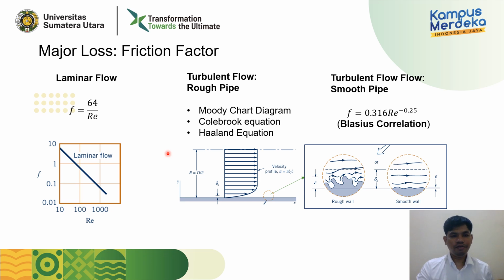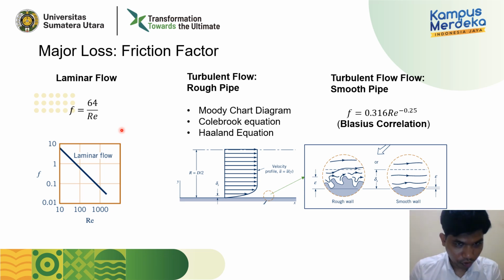For laminar flow, let's first talk about how to find the friction factor. We can use this equation, or it will be similar if we use this diagram. It is 64 divided by the Reynolds number.